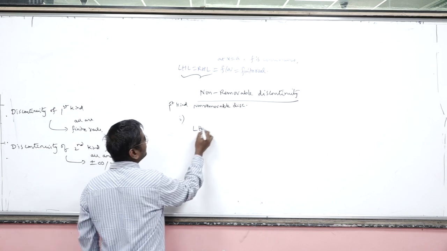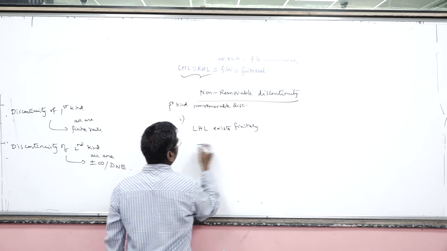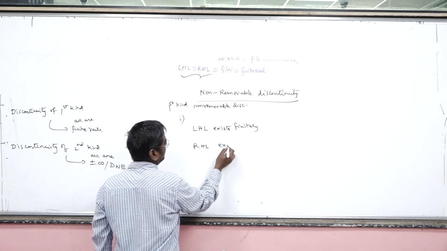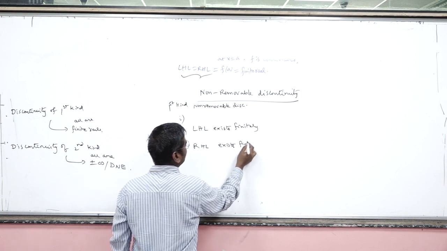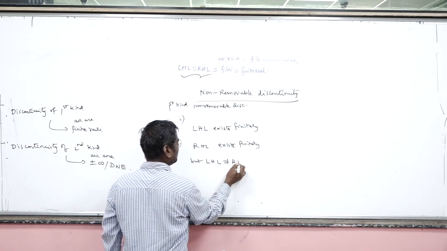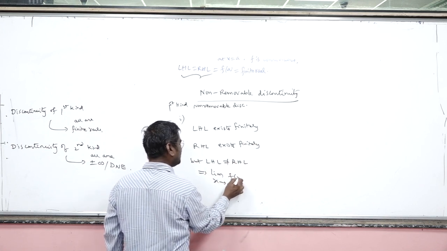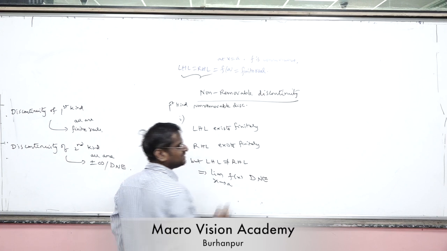That means LHL exists finitely, for example. One possibility: RHL also exists finitely, but LHL is not equal to RHL. That means the limit of f of x as x tends to a does not exist.